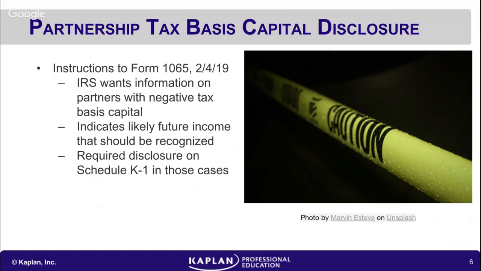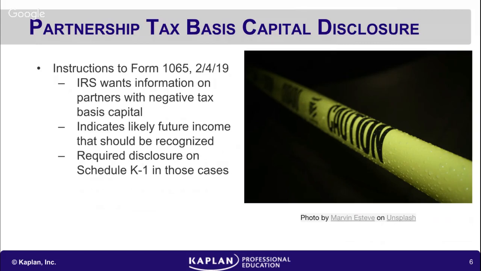But the bottom line is you need to know what tax basis capital is, even if you're doing, let's say, a GAAP financial statement, and you're doing 704(b) capital. So if you're in a firm where you've got a partnership that is reporting that way, be aware you're going to have to develop the tax basis capital numbers.